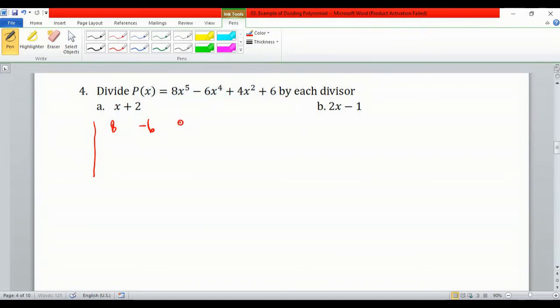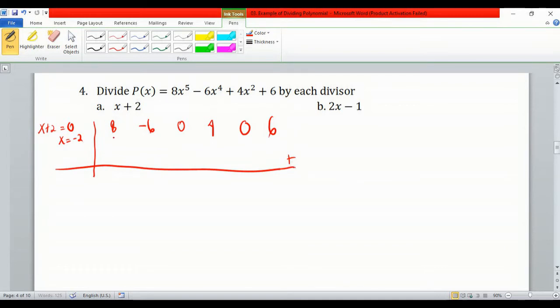So you need to put 0, and then x power 2 is 4, and again there is no x power 1, so you just put 0, and then the constant 6, okay? And then you put x plus 2 equal 0, and then x equal minus 2. Remember that in the Horner way, they are using addition.